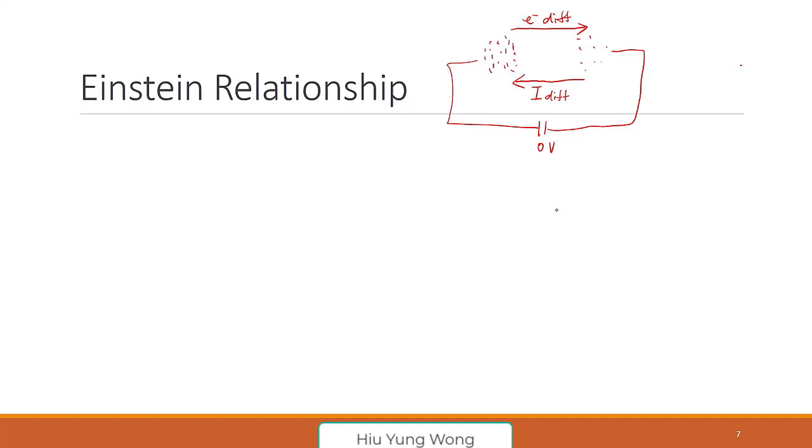So I forgot to tell you also, at the background, it has some positive charge because the electrons come from the ionized dopant. So at the background, I also have some positive charge, plus a negative electron. So at the beginning, they are neutral. Okay.